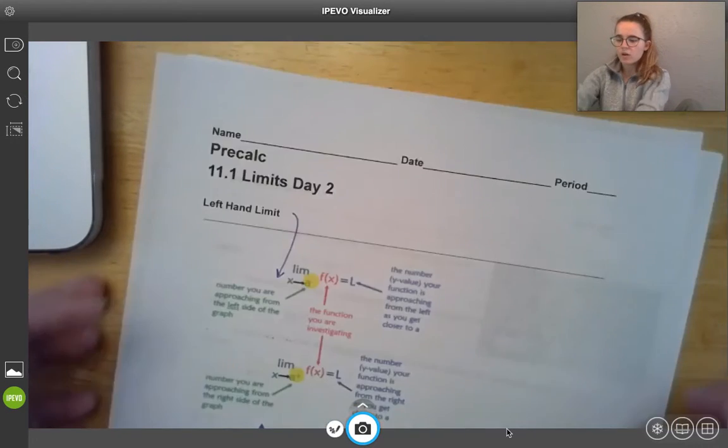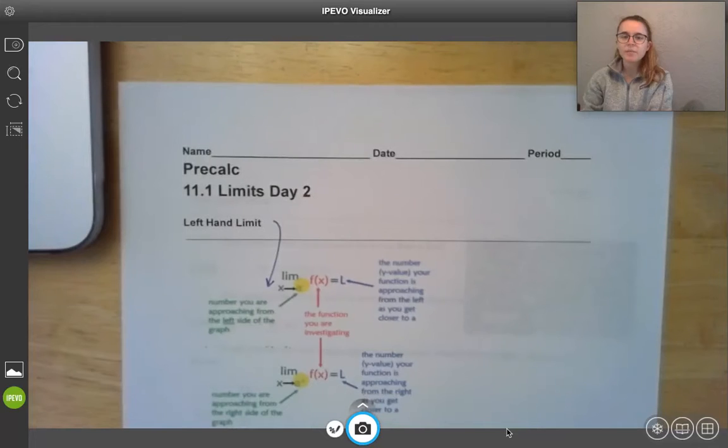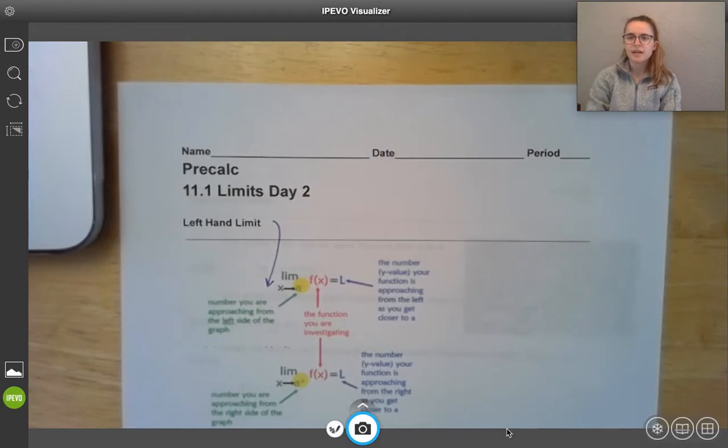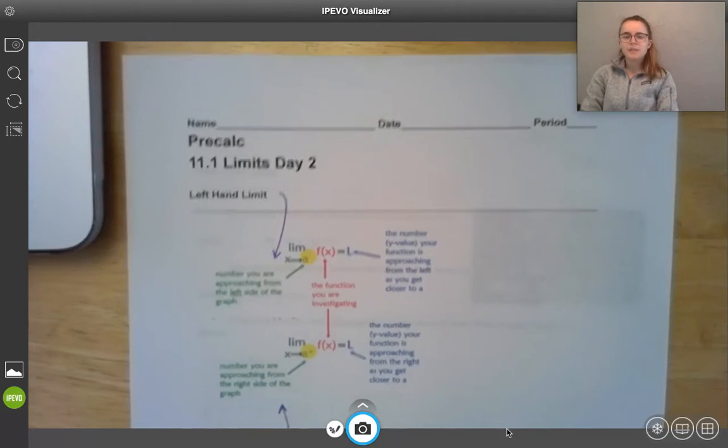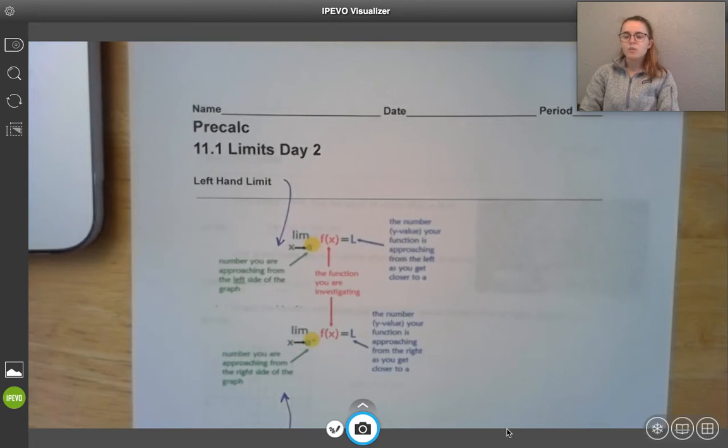Okay, so we'll go ahead and get started. If you remember last time, we talked about two-sided limits, and with two-sided limits, we saw it approaching from both the left and the right, and so it would squeeze like a pimple. And if our fingers would meet, then that was where the limit was approaching. But if we had it approaching one value from one way, and a different value from the left and the right, then the limit did not exist.